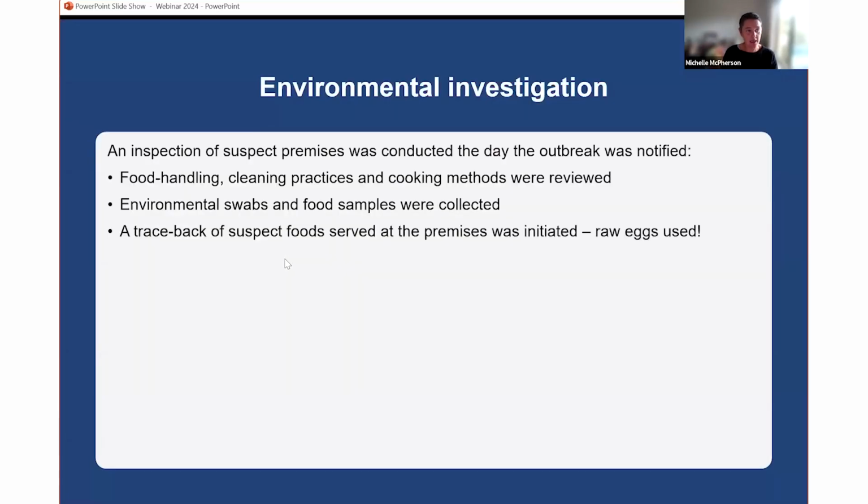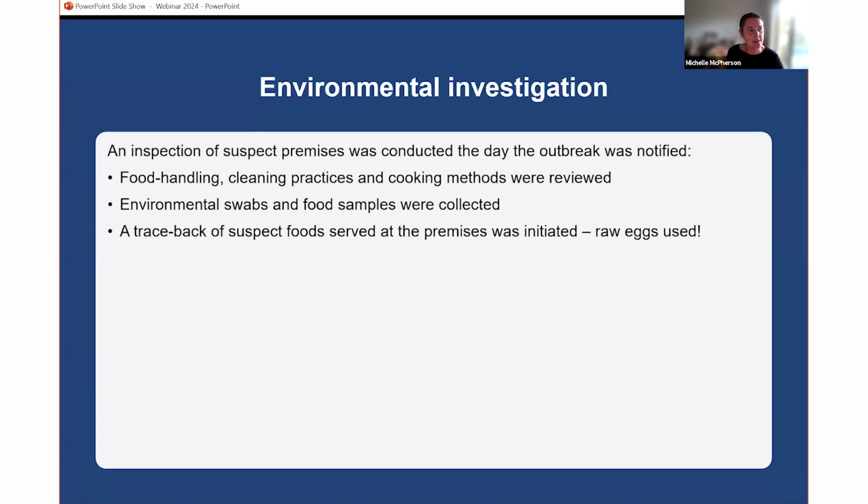So with regards to our outbreak, they did go and do an inspection of the premises the day the outbreak was originally notified. And what they did was look at the food handling, cleaning practices and cooking methods. They observed the workers doing that. They took swabs of the environment, so chopping boards, benches, refrigerators where the food was stored, and they also took food samples.